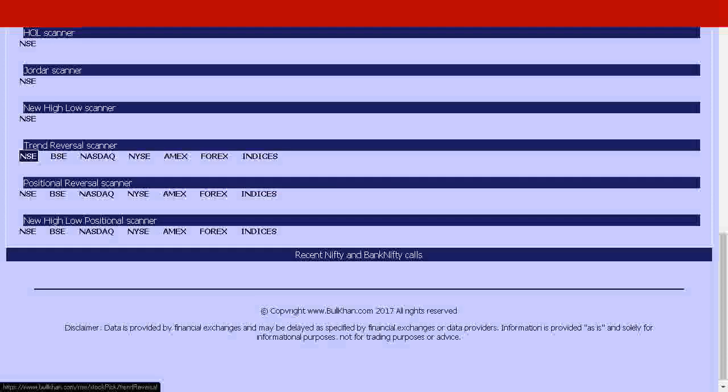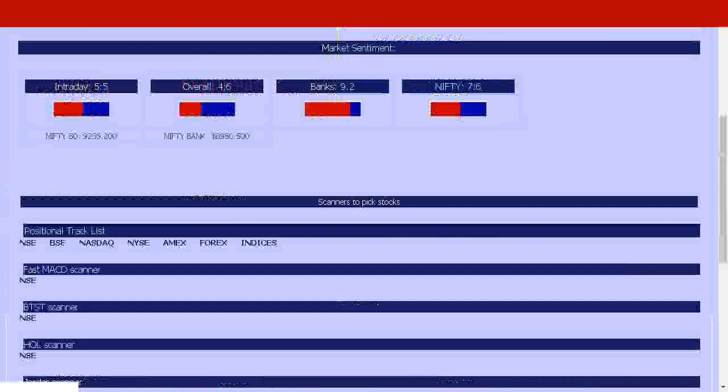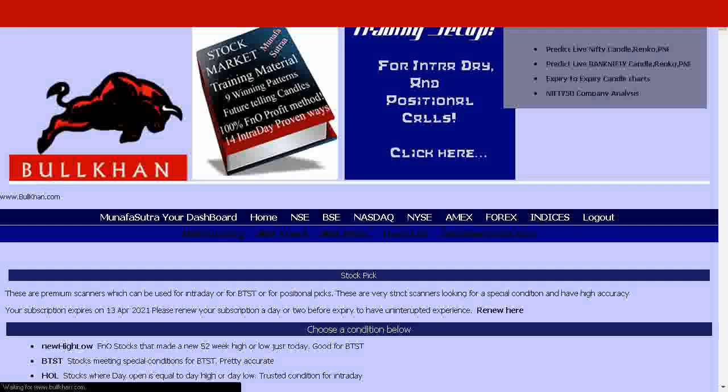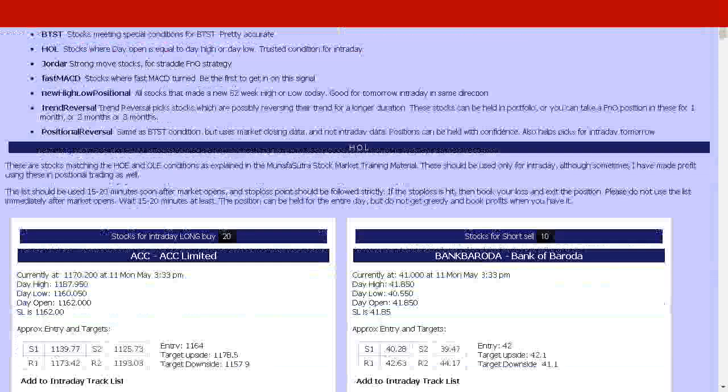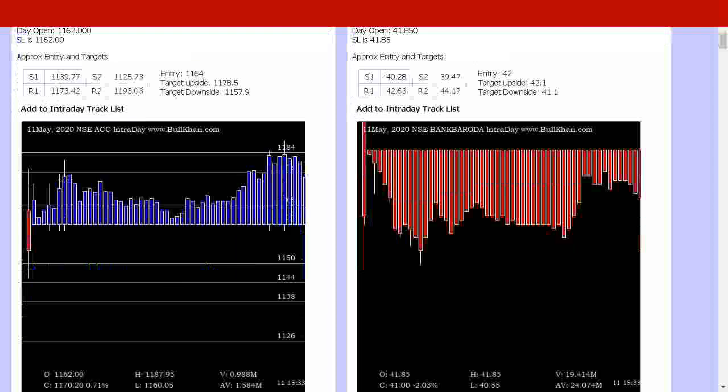Where is the list of the stocks? Just scroll down a little bit more. There are links to scanners. You will use the SOL scanner. Now I have clicked the link, and on the next page it is showing me a list of stocks that I can trade in.